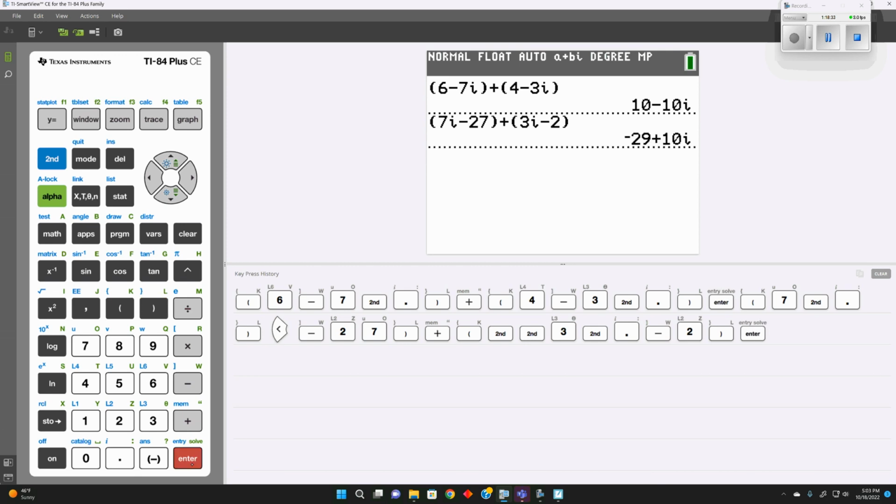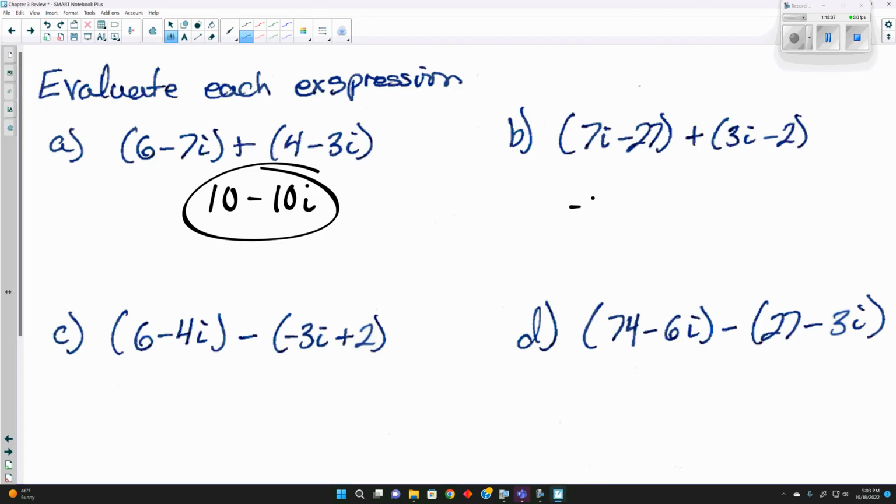The calculator is still going to give us the answer, which is -29 plus 10I. And that would be the final answer. So -29 plus 10I. And that'd be it.